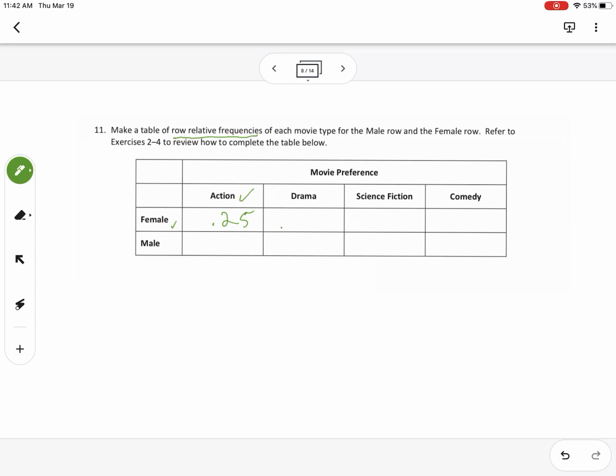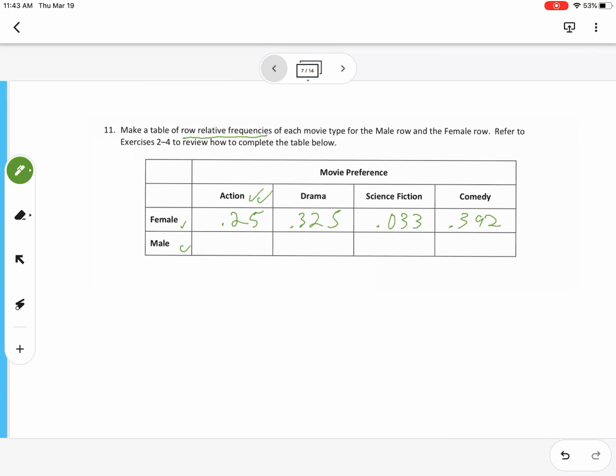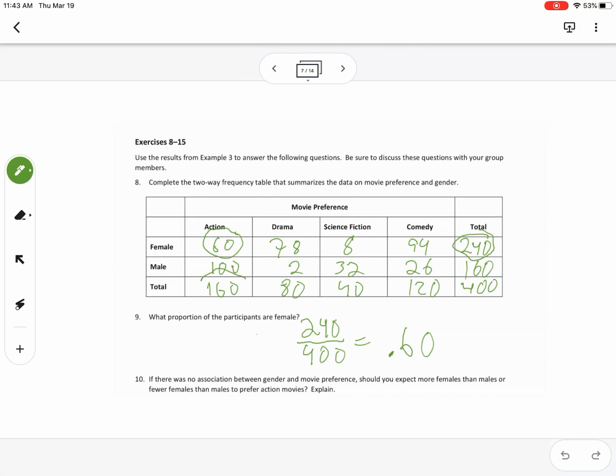Okay, now that you're back, these are the answers you should have gotten for the females. And then for the males, when I did male who like action, I would have done 160. Nope, take that back. I would have done 100 divided by 160.